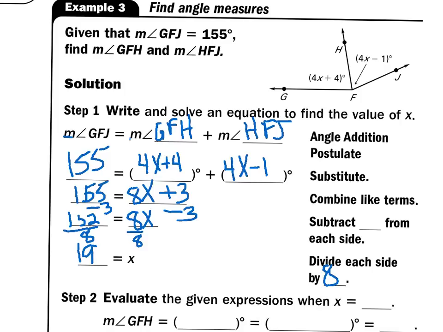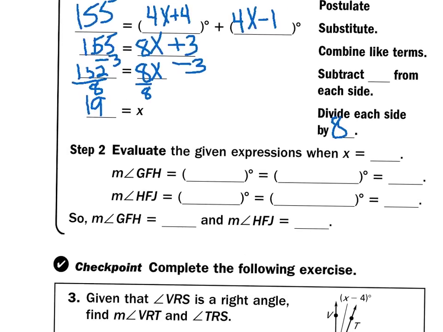What they want is to find the measure of these two angles. So now we have to evaluate the given expressions when x equals 19. So we know that GFH is 4x plus 4. So now we need to put in 4 times 19 plus 4.